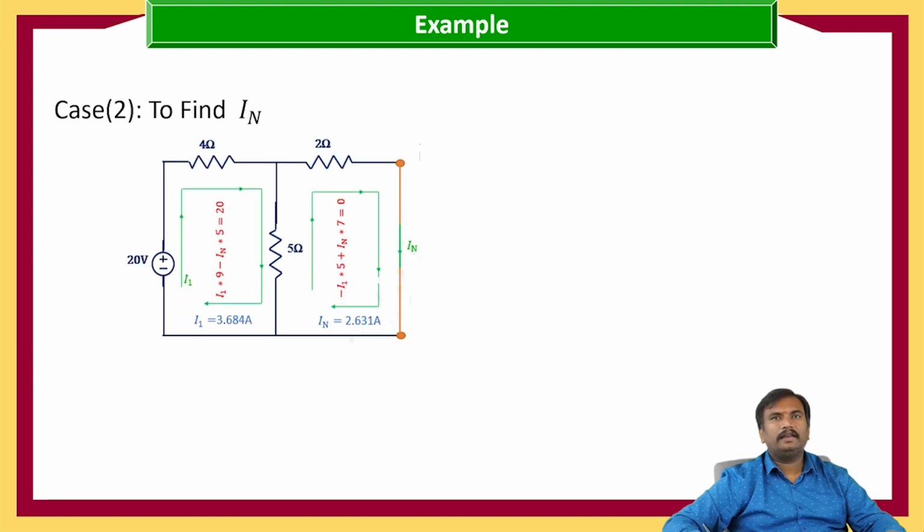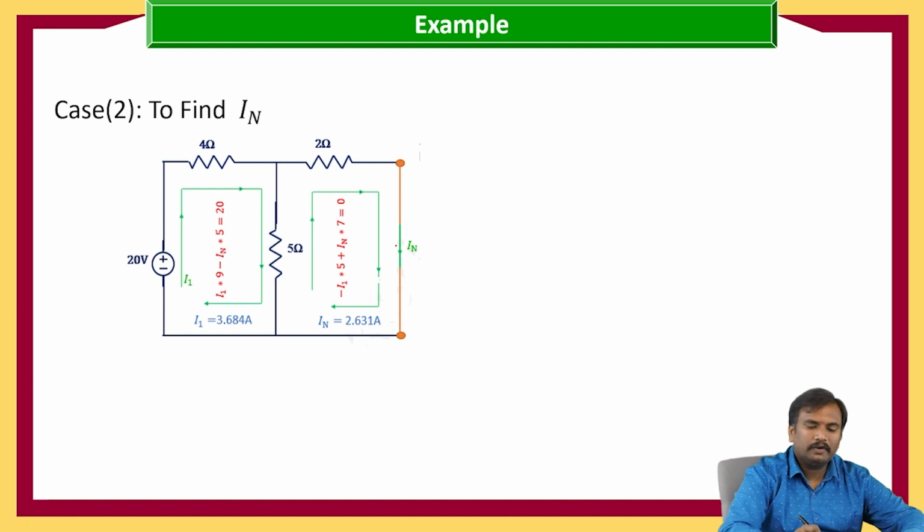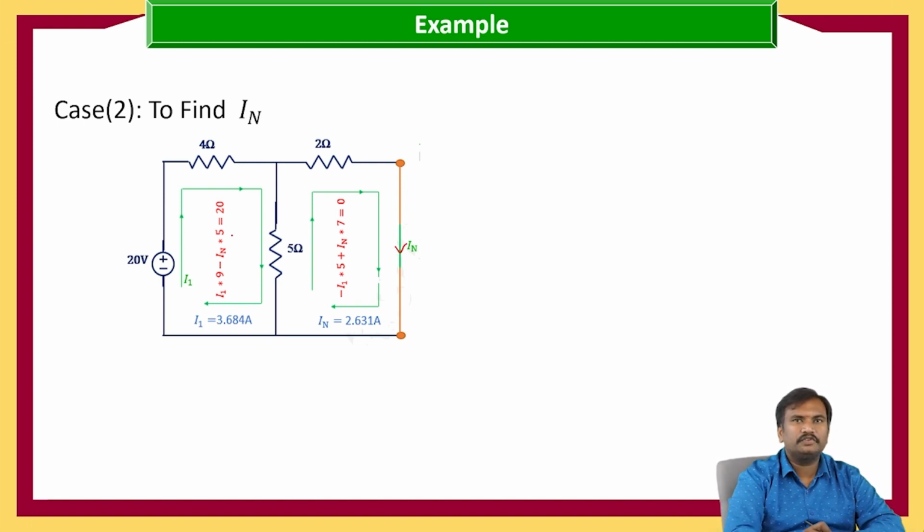For calculating IN, we make a short circuit across the two terminals, and after short circuiting, we have two loops, with current I1 and current I2. I2 is nothing but the IN.